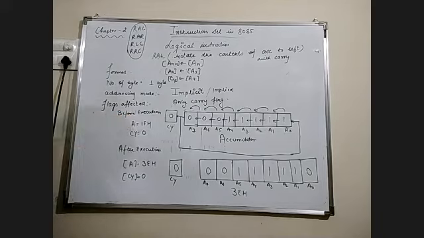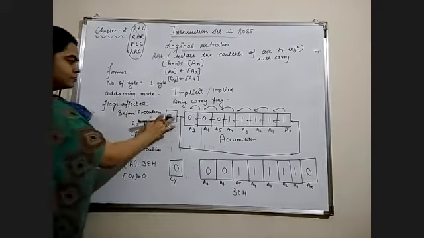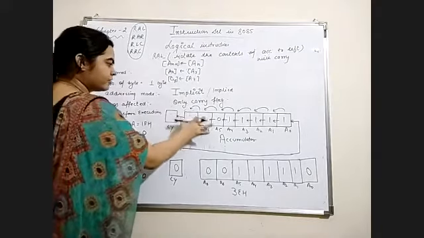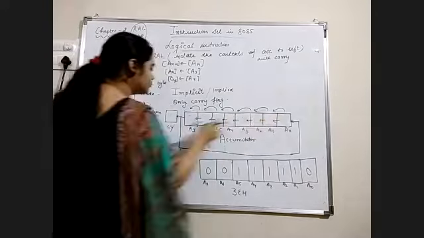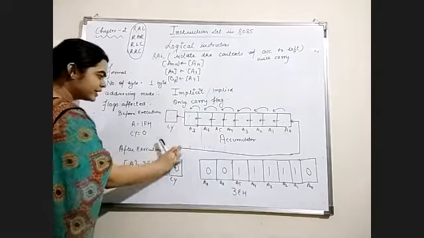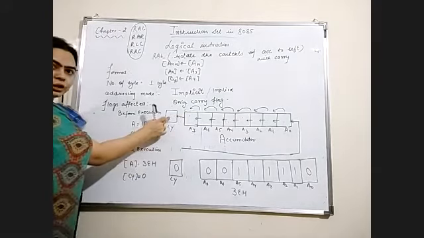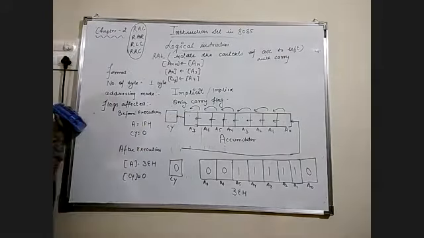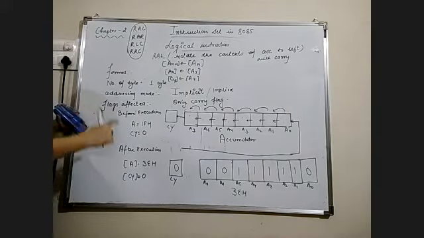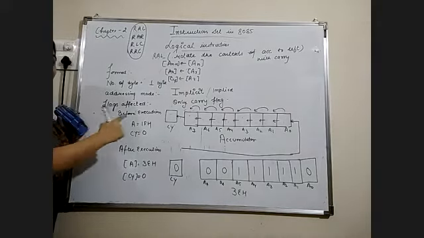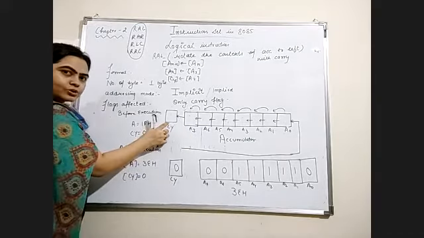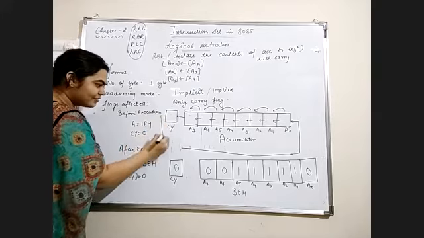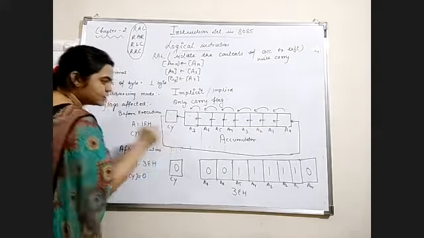Now before execution, we can see the diagram. Here we can take a different example. In this case, the contents of A7 will go into the carry flag. As I told you, while we are rotating the contents, the carry flag value will also be included. So the value of A7 goes into CY, and this CY value will go into A0.